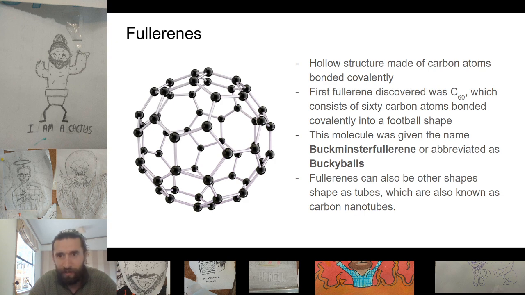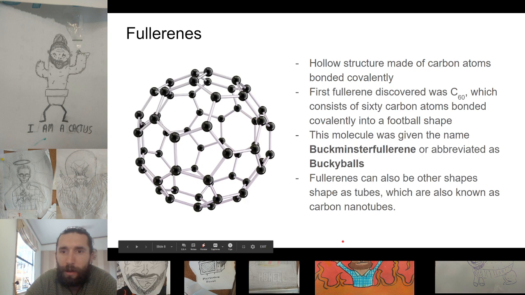Are there 60 carbons there? Maybe. Anyway, the first one discovered was C60. So it's 60 carbons bonded together into a kind of football shape. They are called Buckminster fullerene balls or buckyballs, but you can just call them fullerenes.